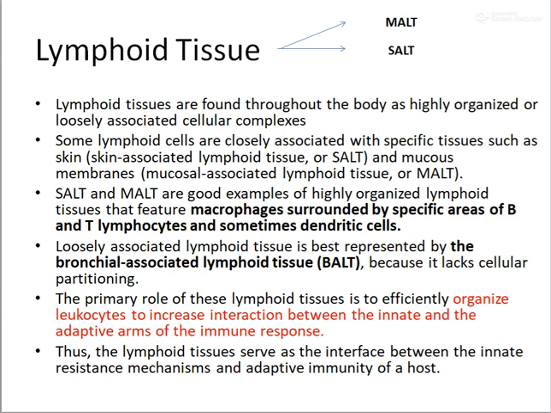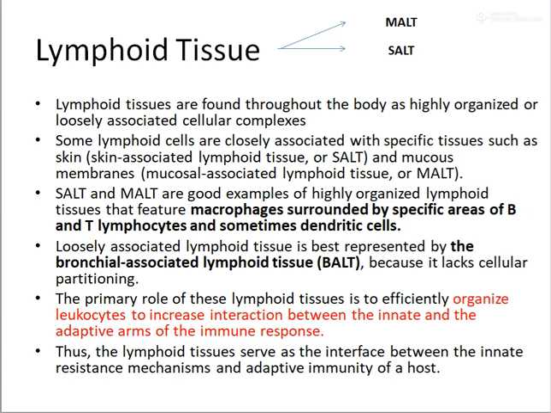In these regions there are specific areas where B and T lymphocytes and sometimes dendritic cells are present, and surrounding these areas there are also antigen presenting cells such as macrophages.